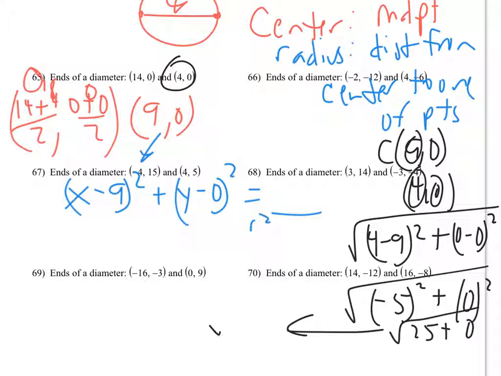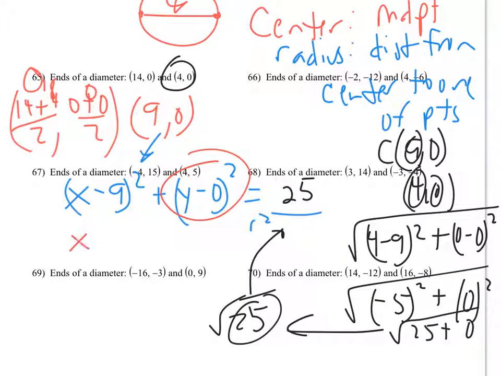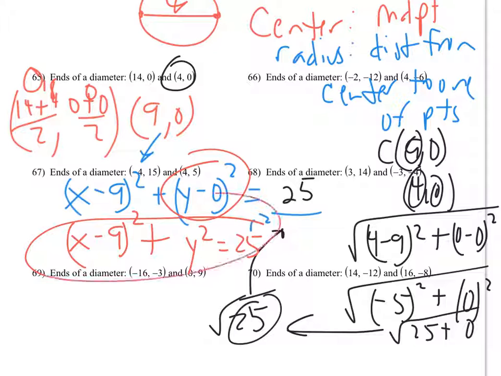That's the square root of 25. Now remember, the square root of 25 is 5, but then we need to put the radius squared in here, so really it ends up being that number that's under the square root. So this would be 25. And I would actually like you to not write this as y minus 0 squared, so we're going to have x minus 9 squared plus y squared equals 25 would be the best way to write that answer.